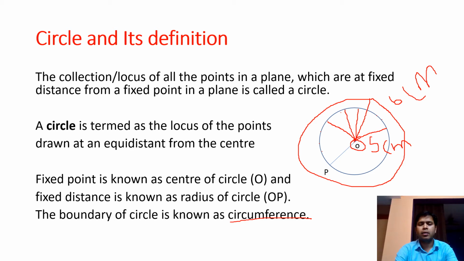We know that the boundary is the perimeter. But in case of a circle, the boundary is known as circumference. This is very important. Sometimes it comes in our exam.